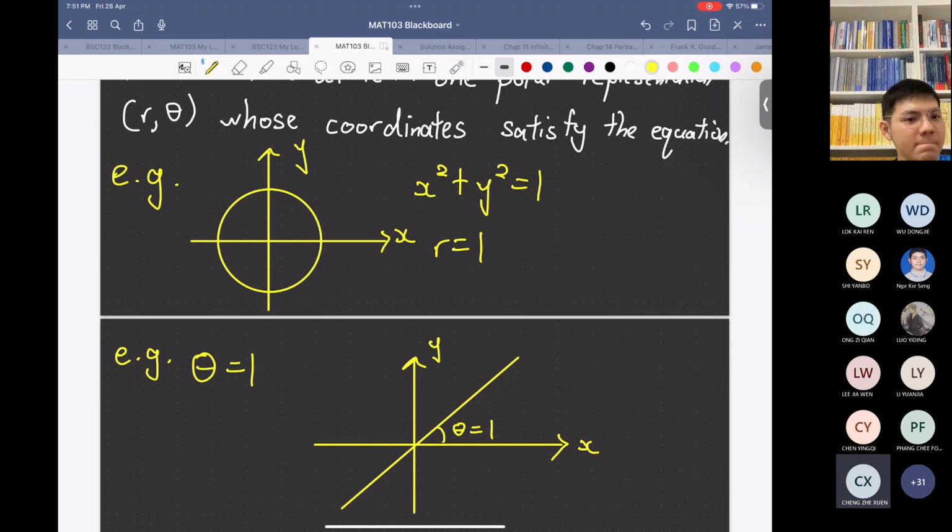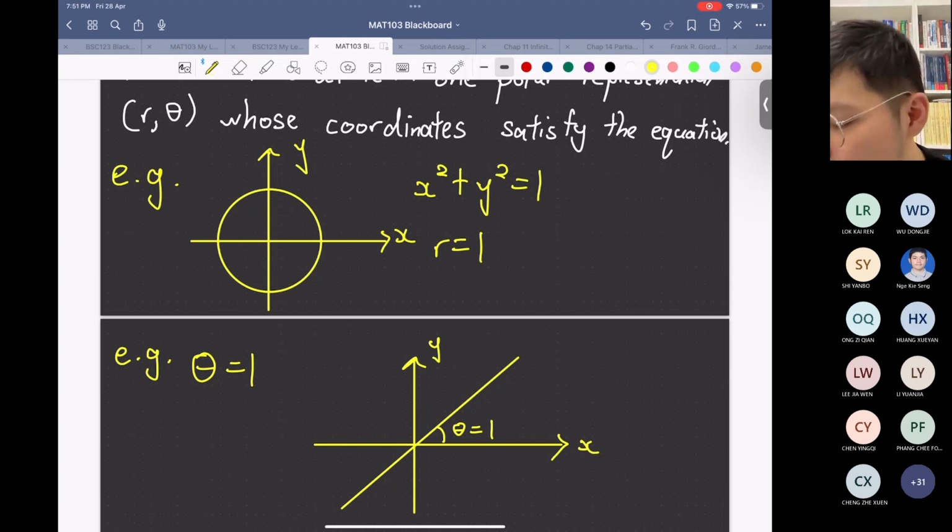So why is theta equals 1 a straight line? Theta equals 1 means every point has to form an angle theta equals 1. By convention we say this is 1 radian.